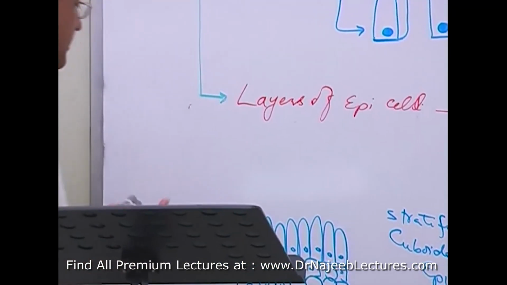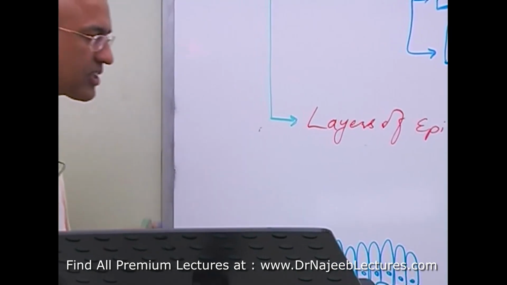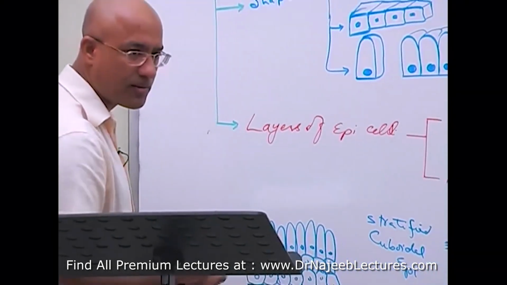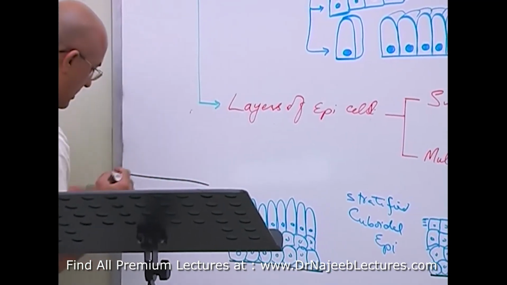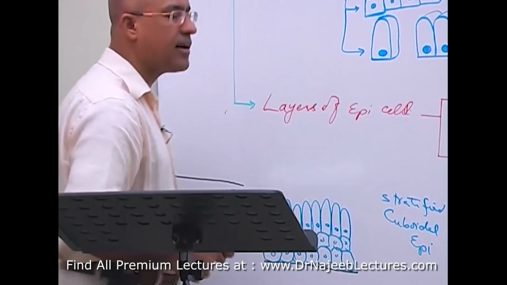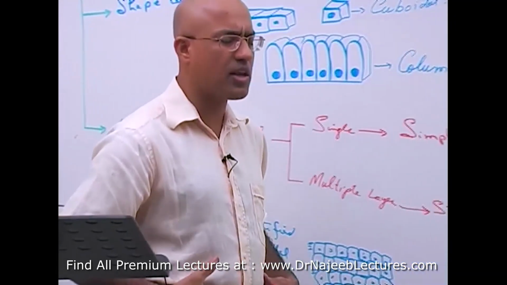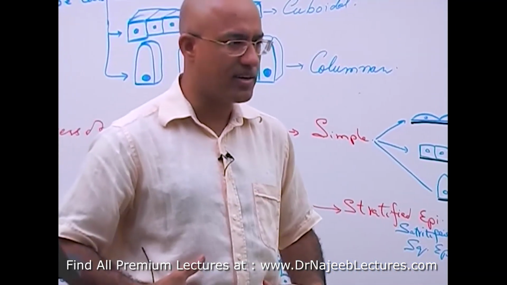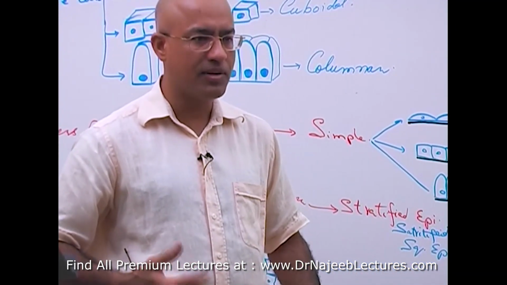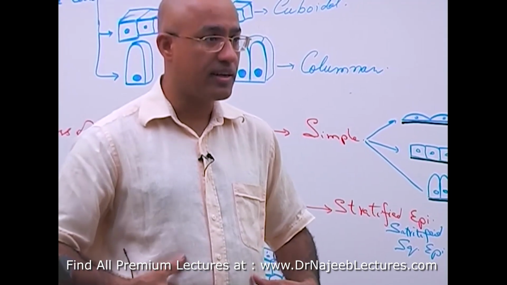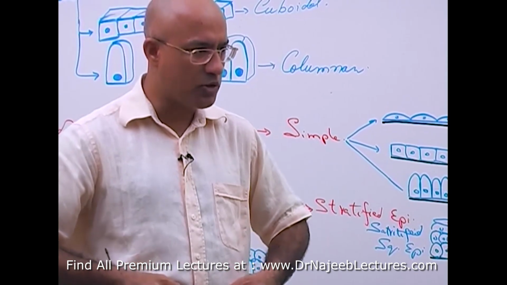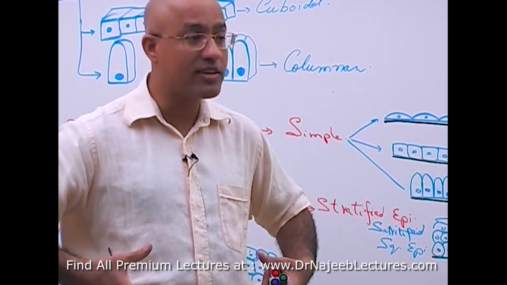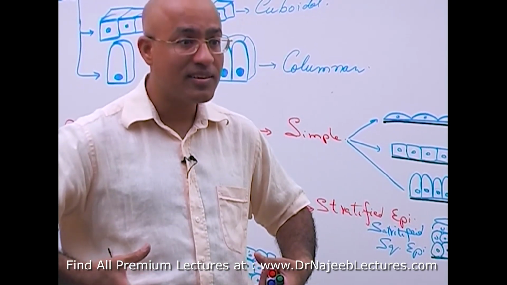Then there is another type of epithelium which is specially found in the urogenital system, for example, the epithelium which is lining the urinary bladder, right? It has 4-5 layers of cells, but it has a special feature: when the urinary bladder is full of urine and stretches out, do the layers become more or less?